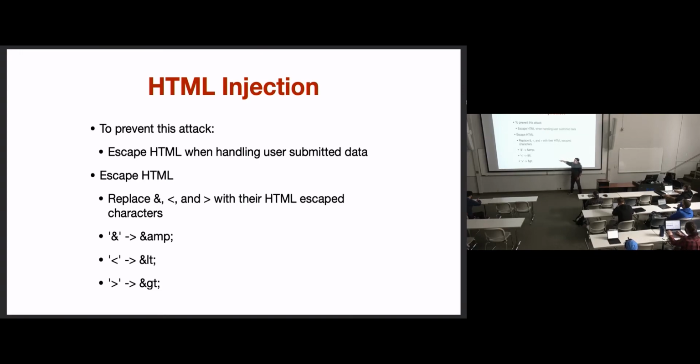But ampersand, less than, and greater than: if you don't allow any of these three characters, you can't write any HTML. Try writing any valid HTML without any of these three characters. You can't make tags, which is really the essence of HTML. The ampersand, I forget off the top of my head why ampersand. I think just so they can't have escaped characters like we're doing.